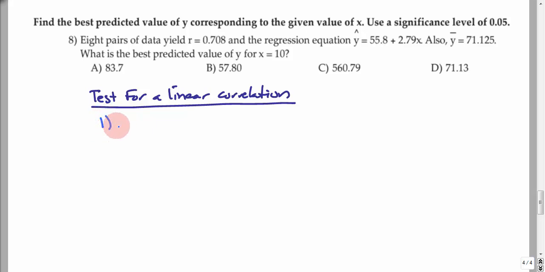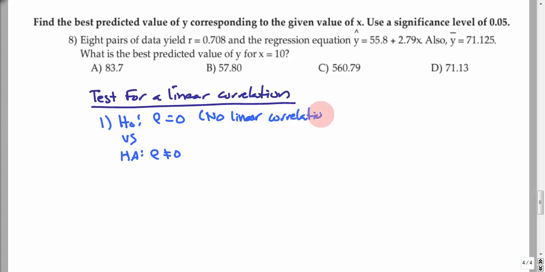So step 1, HO versus HA. Remember, this is rho equals 0 and rho not equal to 0. So this is no linear correlation. And then our alternative hypothesis says that there is a linear correlation.